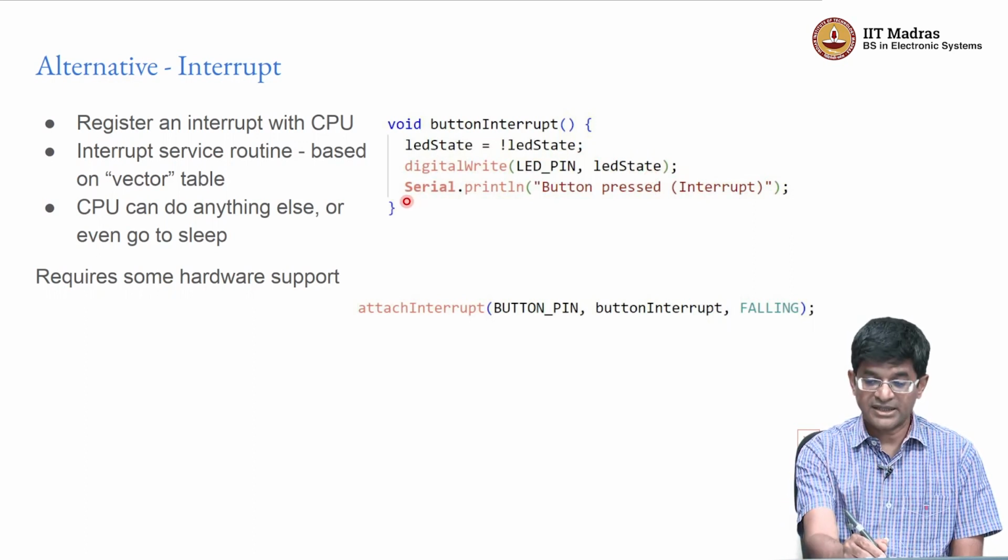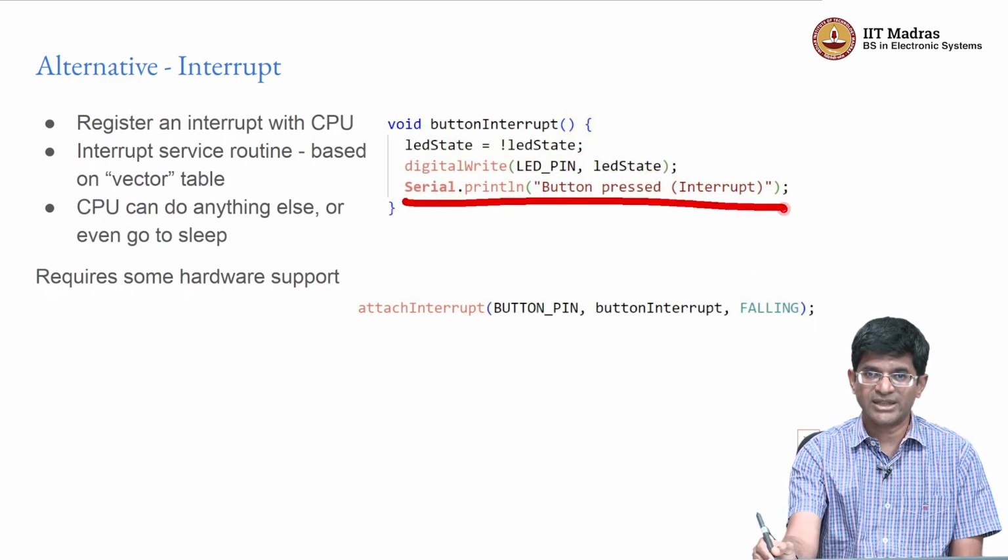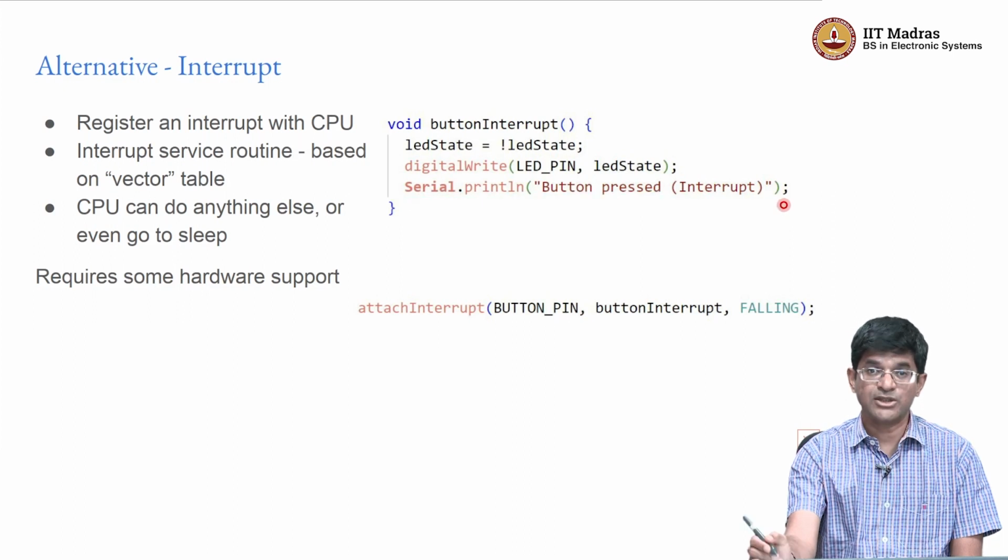Right? Interestingly, having something where you actually write something out into a serial port, for example, inside an interrupt service routine, is probably a bad idea, especially in an embedded system. And in order to understand why, you need to go back and recall what we discussed about interrupt service routines in the first place. They should be as brief as possible, right?